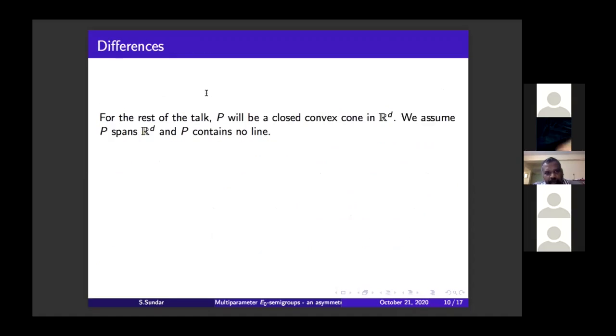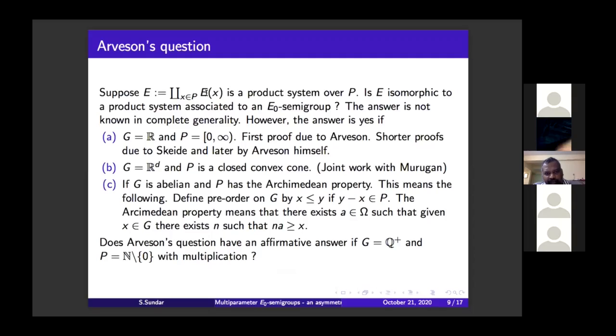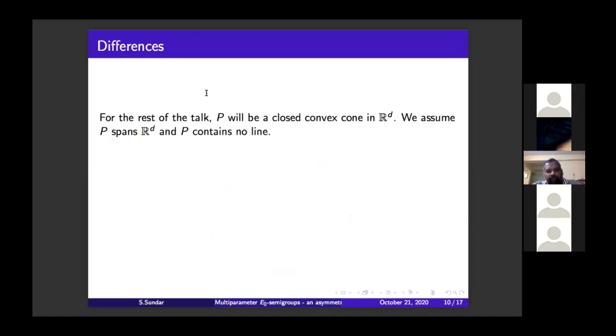In the second part of the talk, I will focus on some differences. I will illustrate one simple difference. For the rest of the talk, P will be a closed convex cone in R^d. You can consider R^2 and the first quadrant if you want. The group is R^2 and P is the first quadrant.